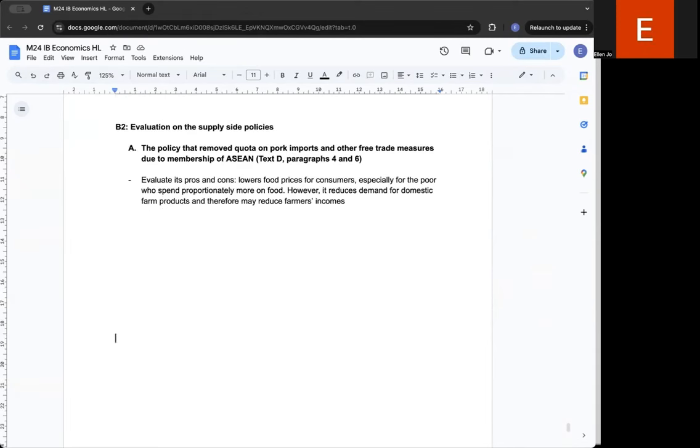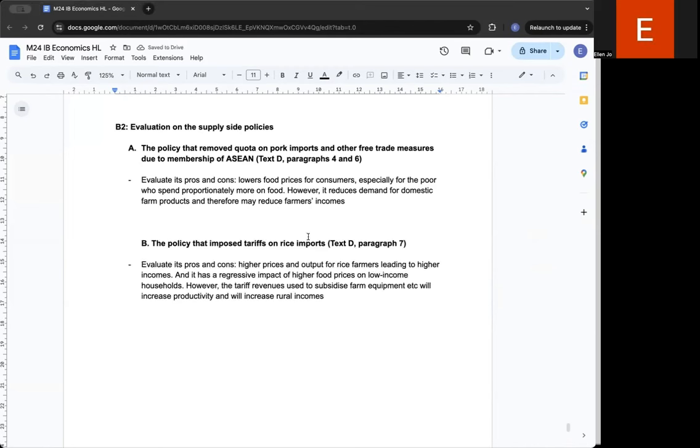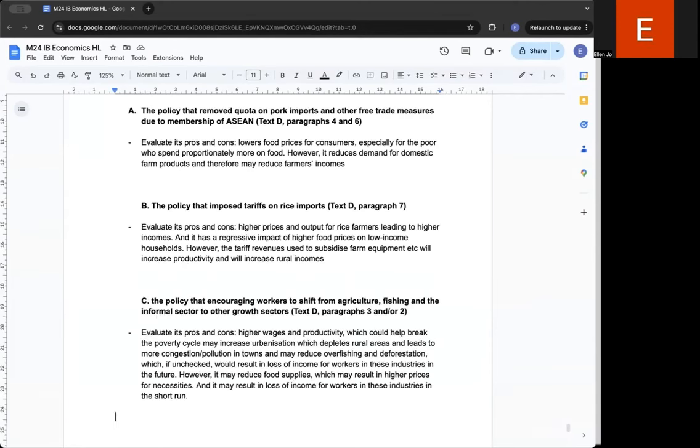Next, in body two, evaluation would focus on the supply-side policies that the Philippines government conducts. First is the policy that removed quota on pork imports and other free trade measures due to the joining of ASEAN. You can check its pros and cons. And next is the policy that imposed tariffs on rice imports, which seems to be the counteracting measure from the policy above.